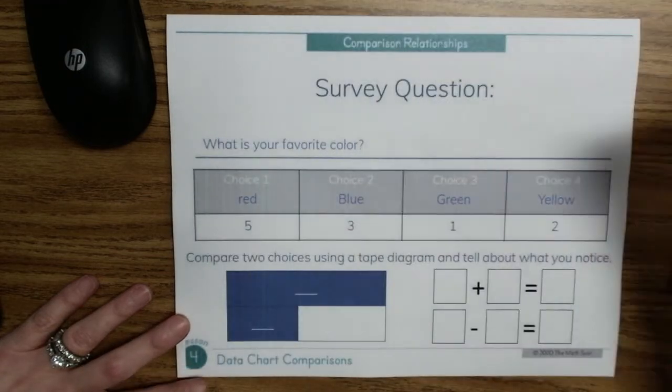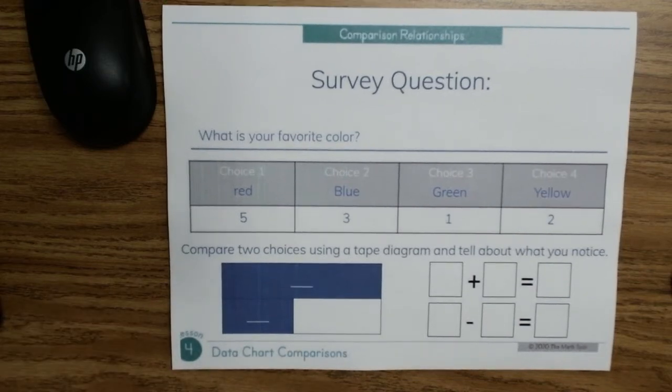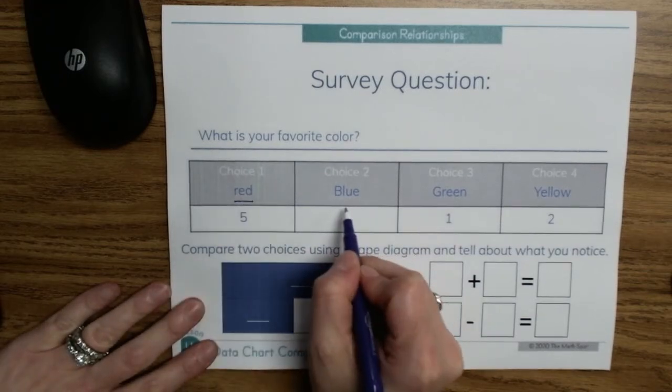Okay. Now what it wants us to do is choose 2 colors and compare them. We're going to compare to see who had more. So what do y'all want to start with? Okay, let's do red. How many people chose red? 5. And let's compare it to blue.